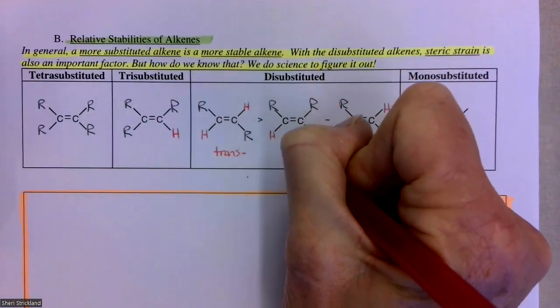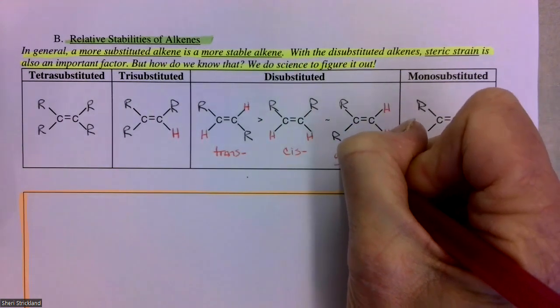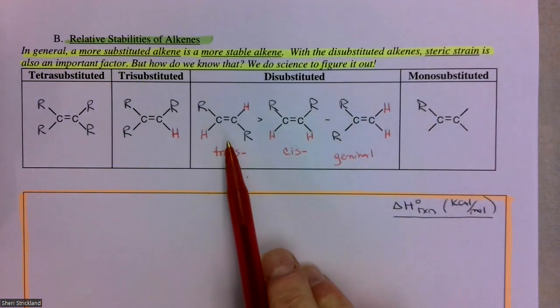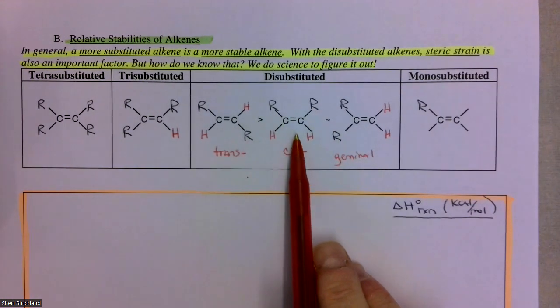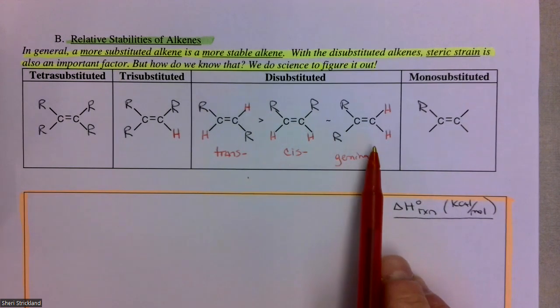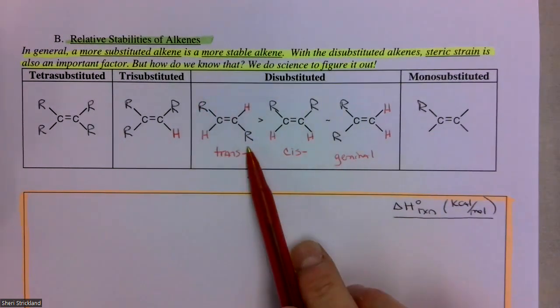This is a cis disubstituted alkene. This is a geminal disubstituted alkene. And you can see that the trans is more stable than the cis disubstituted, and the cis disubstituted is about the same stability as the geminal. The trans is most stable because it's got those 2 alkyl parts as far apart as possible.